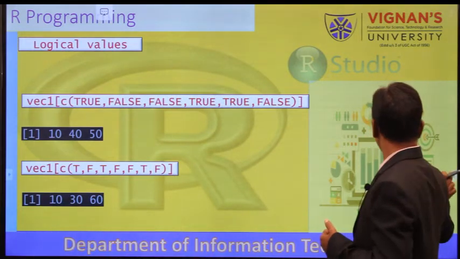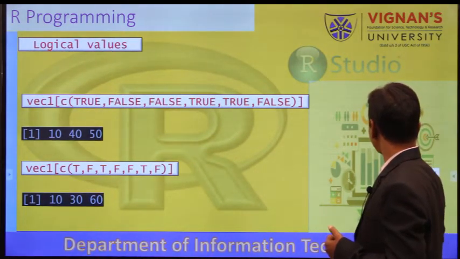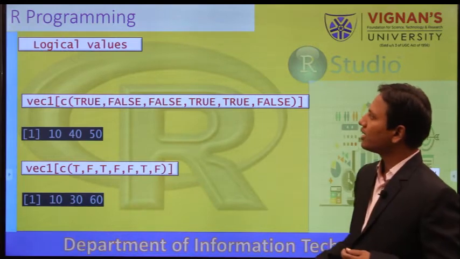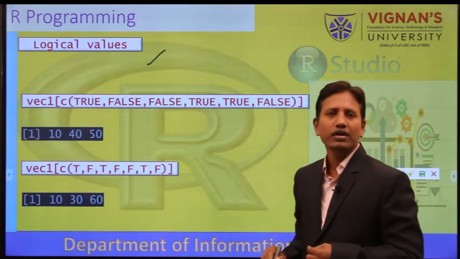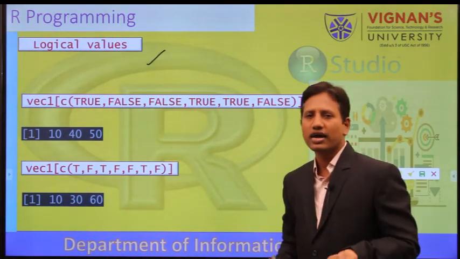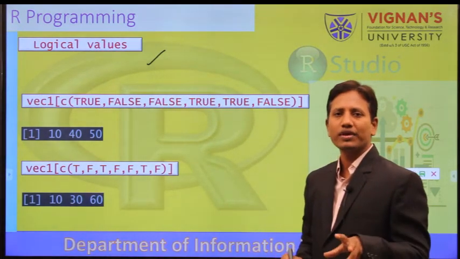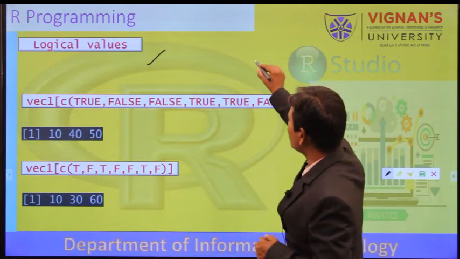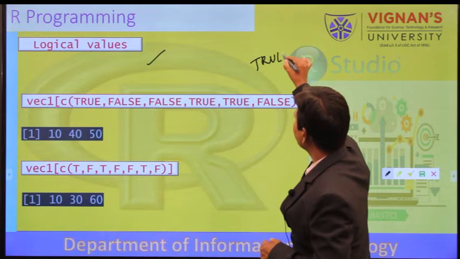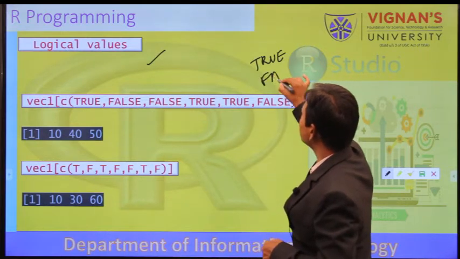And the important thing, very interesting one, logical values. As we have already learned that R programming has only 2 logical values. One is true, another one is false.